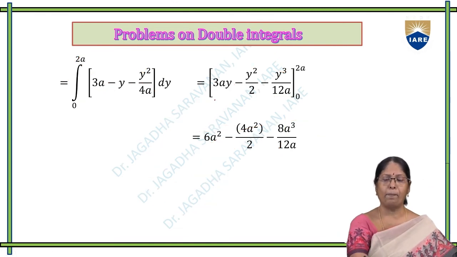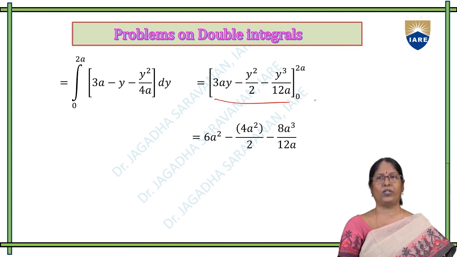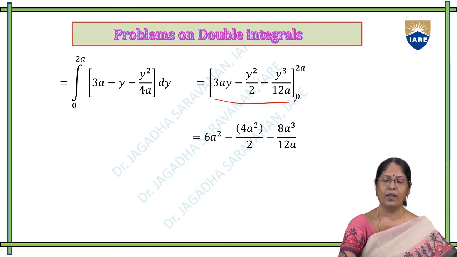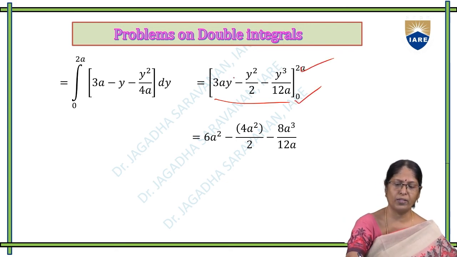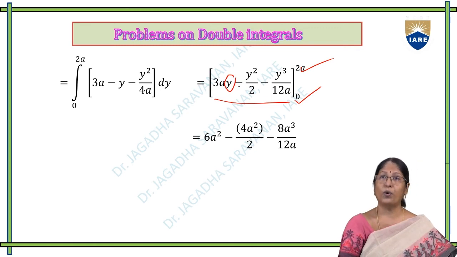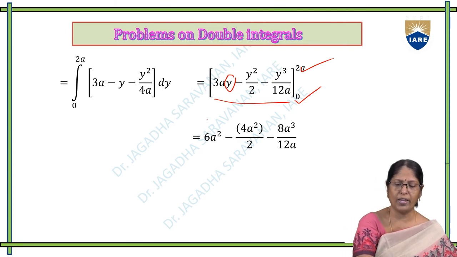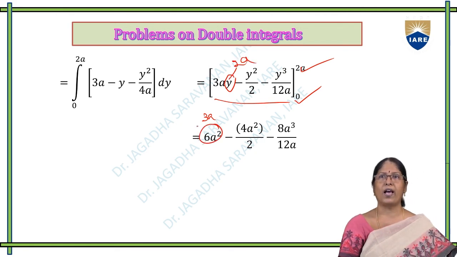So now we completed the outermost integration and we have to substitute the limits from 0 to 2a. In the place of y, we are going to substitute the upper limit value 2a. So 3a, in this place we are substituting 2a, put together it has become 6a square.